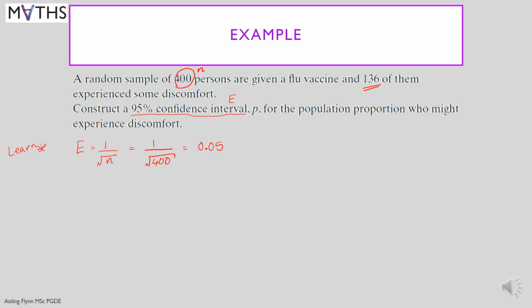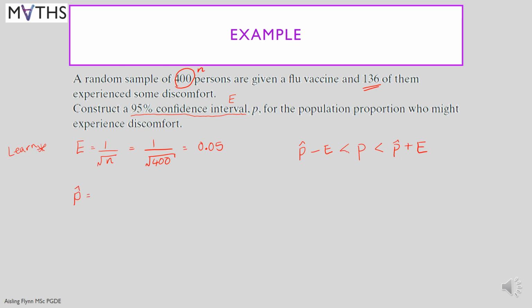Now let's recall, to make your confidence interval, you take the true value P from the population, and we said that it lies somewhere between the sample value P hat, take away your error, and the sample value, add your error. So this is our interval. The next question is, what is our sample value? What is P hat?